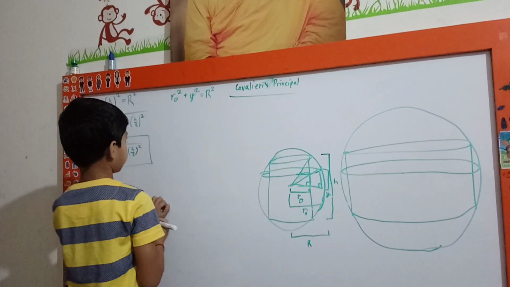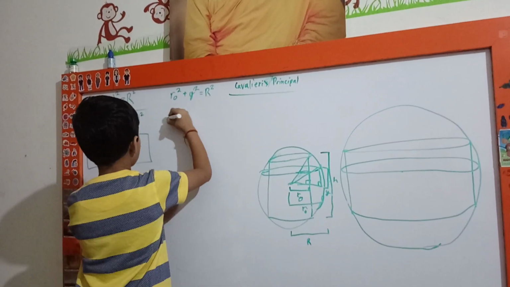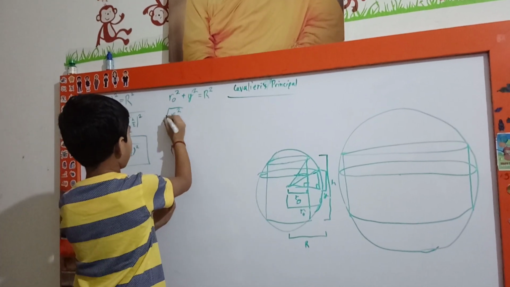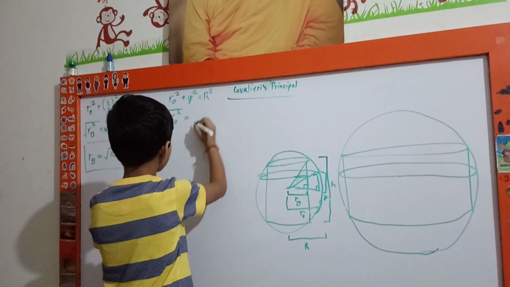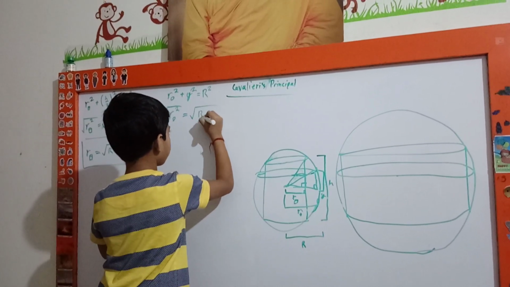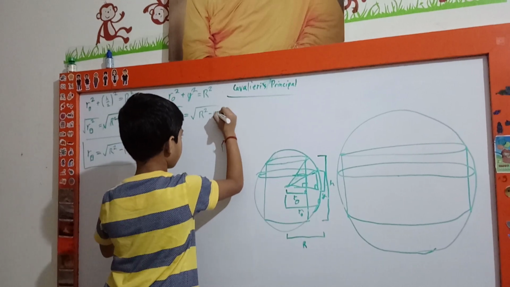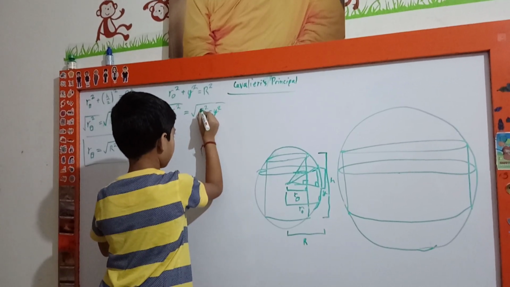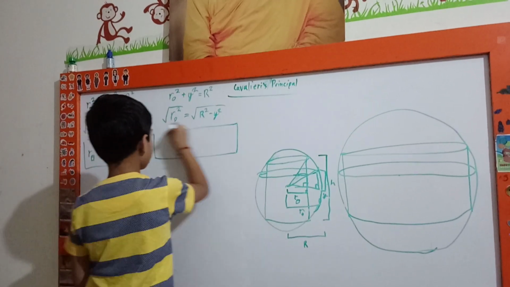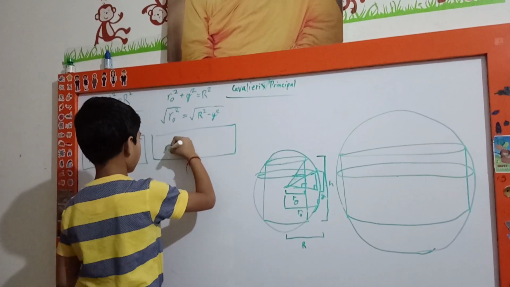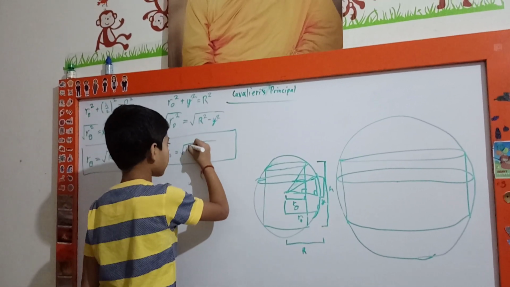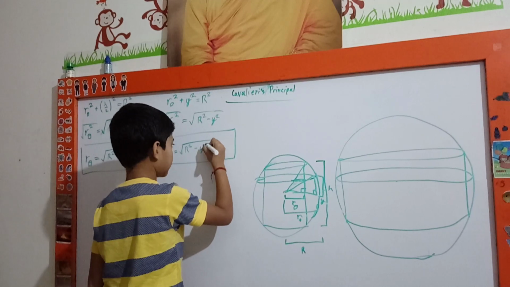Let's take the square root. This again cancels out. So we wind up with the radius of the sphere equaling the square root of r squared minus y squared.